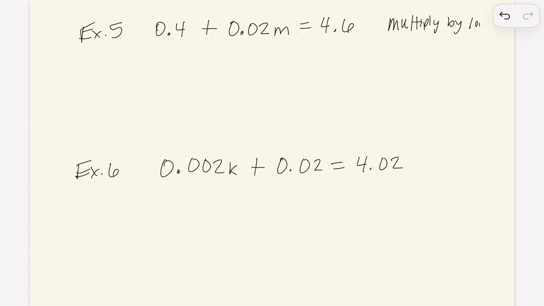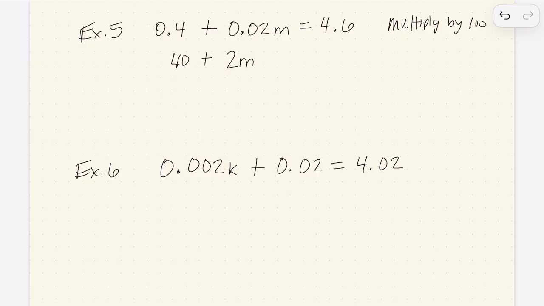If I multiply everything in this by 100, I am not altering the overall equation. I am just altering it so that it makes my numbers a little bit easier to deal with. So 0.4 times 100 is 40, plus 0.02 multiplied by 100 is just 2.